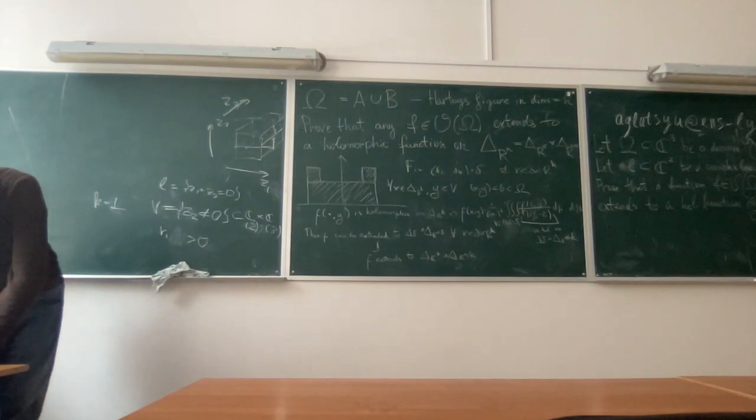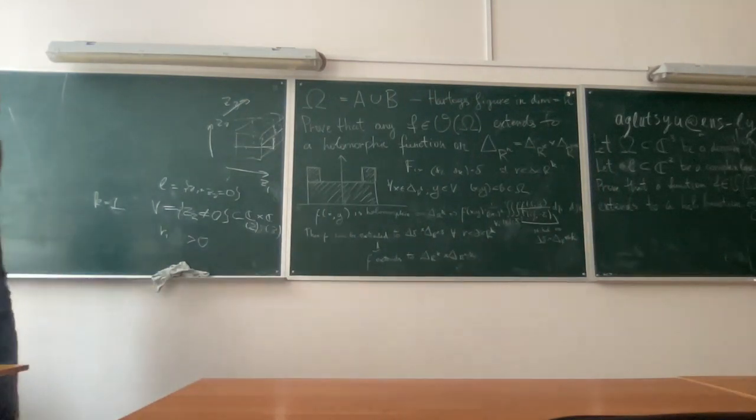This guy will be disjoint from the line, just by definition, because on the line Z2 should be equal to 0, but it is distant from Z2. So on B, we have holomorphicity.